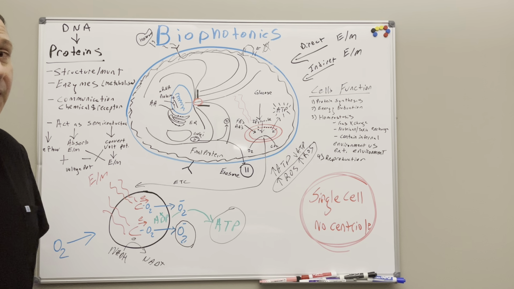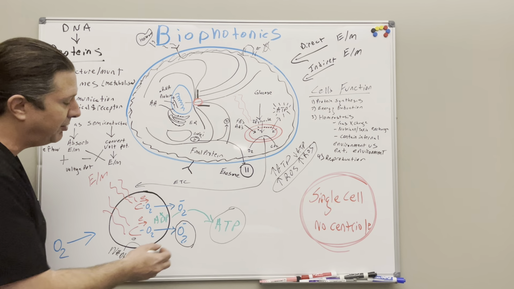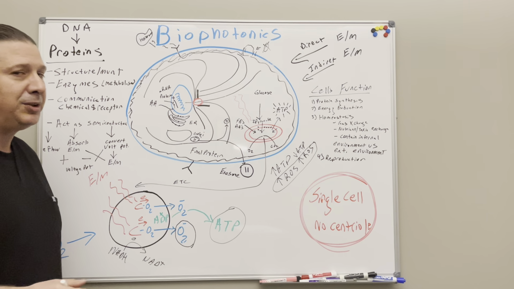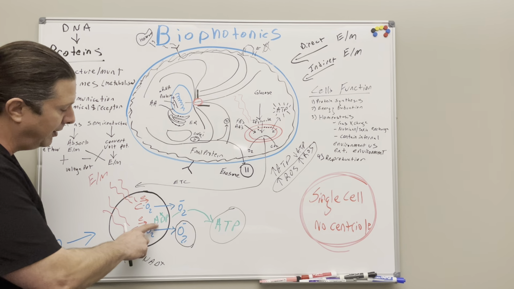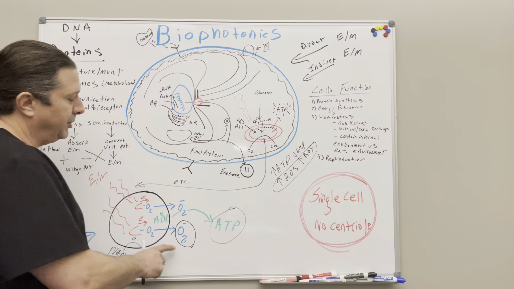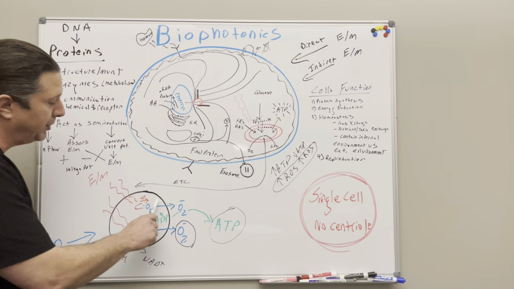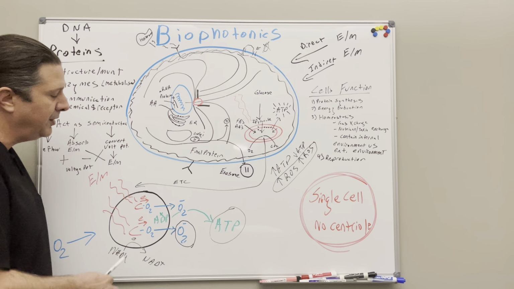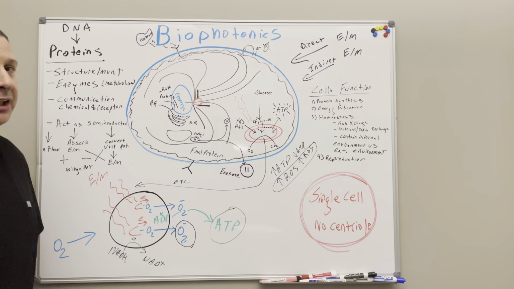It's creating reactive oxygen species because reactive oxygen species are the fuel. Reactive oxygen species are the ones that interact with ADP bound to these proteins, creating the ATP. So reactive oxygen species have to be produced by these cytochromes at a certain concentration to make this equilibrium of the reaction occur.